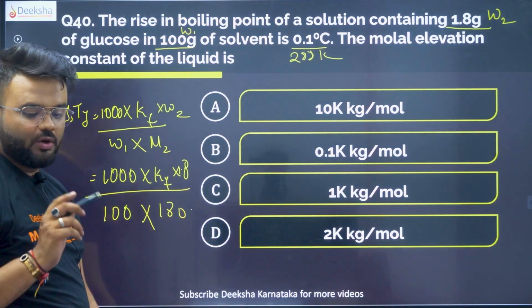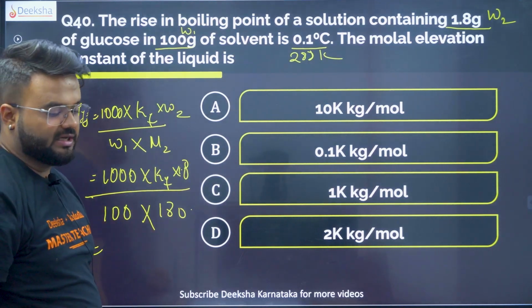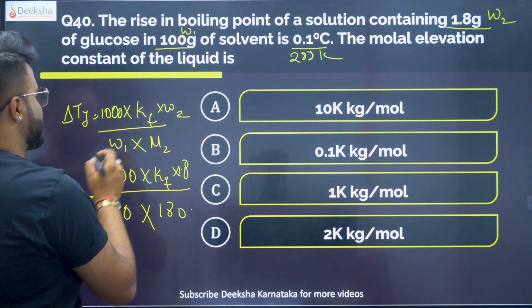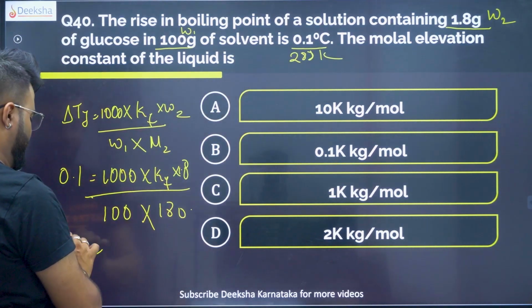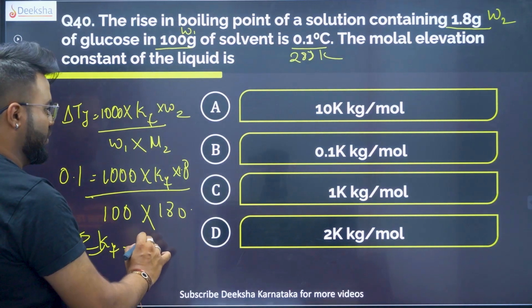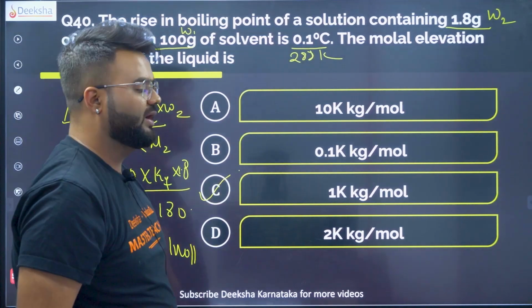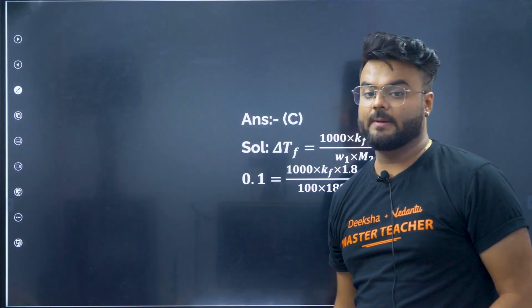When we solve this, delta T is 0.1, so we write 0.1. Therefore, cross multiplying, K will be 1 kg per mole, so option C will be your correct answer. Clear?